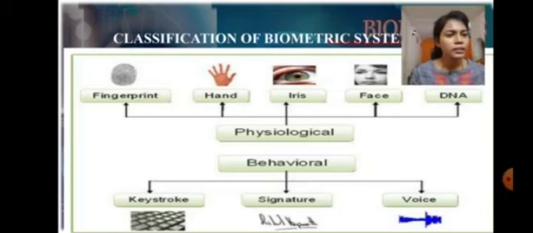And there is another thing called the behavioral characteristics, which is based on three things: the keystroke scan technology, then your signature scan technology, and the next one is your voice recognition. So these fall under the behavioral characteristics of an individual.